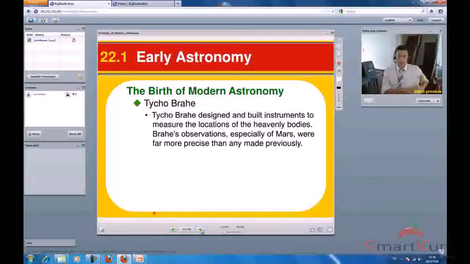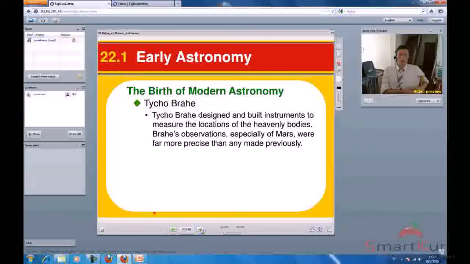Let's move on. Tycho Brahe. Tycho Brahe was about 50 years or 40 years after Copernicus. So he would have grown up as a boy who was interested in science. He would have grown up reading about Copernicus, and maybe Copernicus would have been like his science hero.